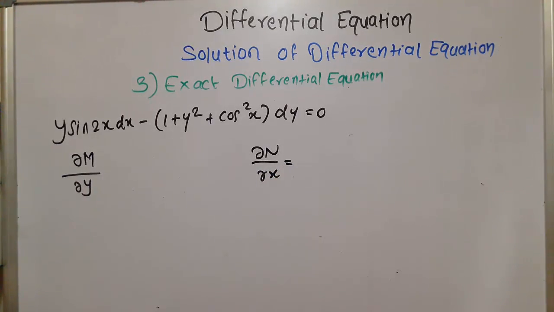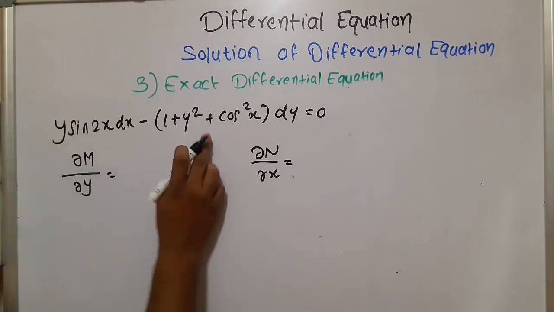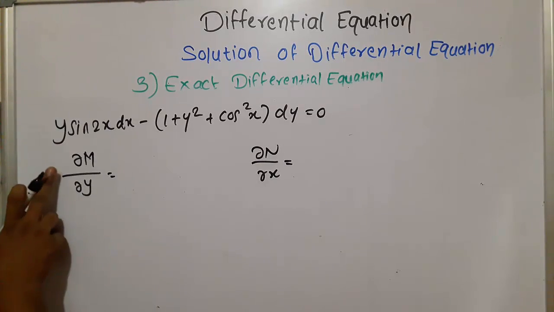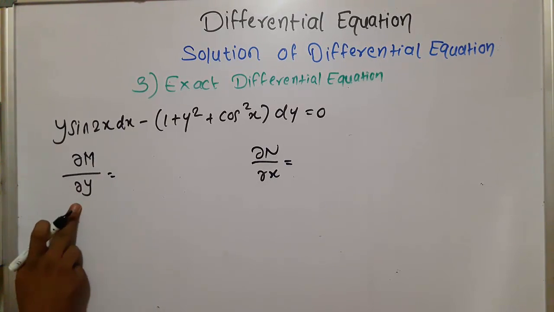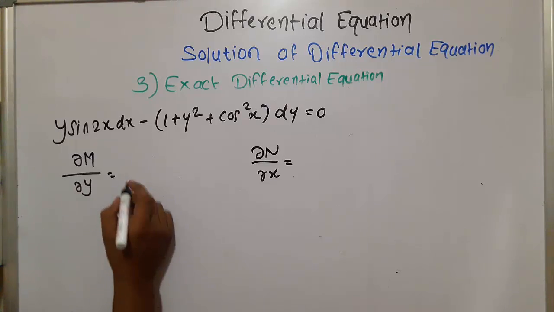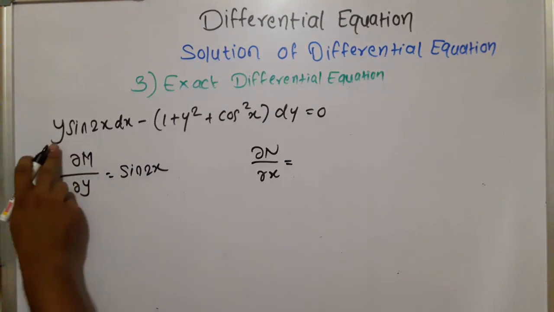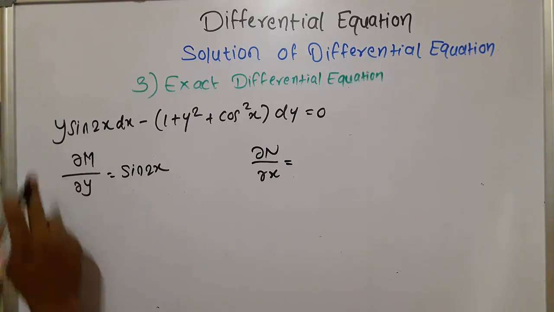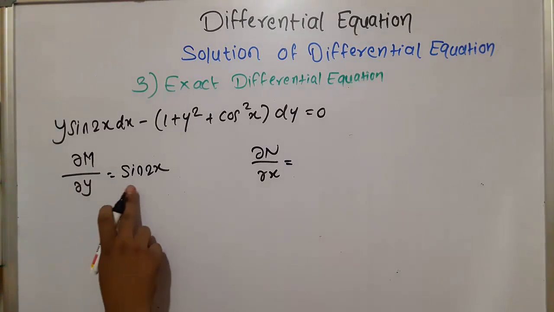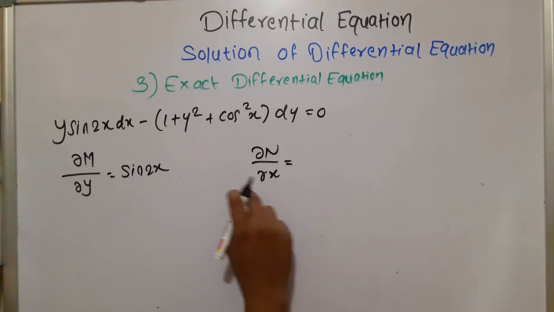The term having dx is the M term, and the term having dy is the N term. Differentiating the M term with respect to y, the equation becomes sin 2x, because the derivative of y is 1, so we are left with sin 2x.